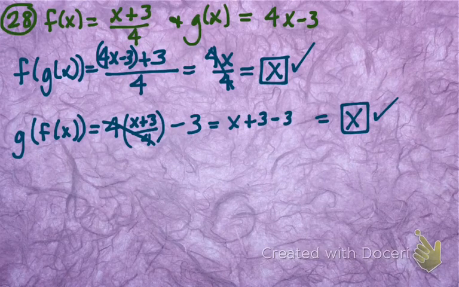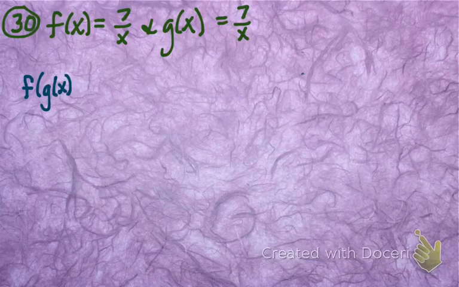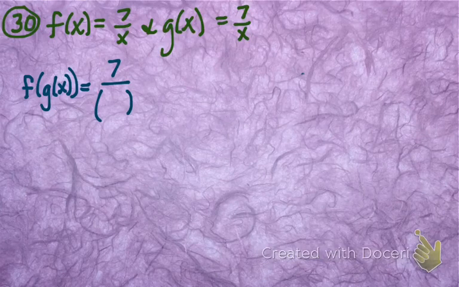And you don't want to try to do all this in one step because it just looks like you scribbled all over something and there's nothing to follow in terms of a process. But this way we've used a process and done a very simple problem explicitly so that there's no doubt about how we got our answer. Same thing here, so we're going to do f of g of x, and we're going to write the f function, which is 7 over x, and we're going to replace that with g of x, which in this particular problem just happens to be the same thing.